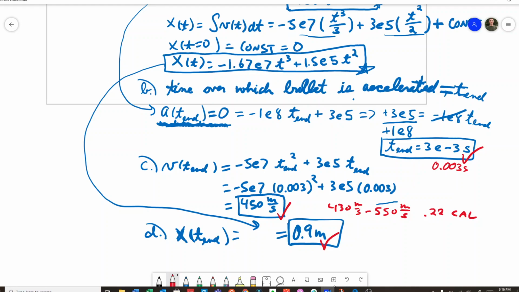You'll have problems like this on your homework. Just follow the same kind of procedure where you're going to either use derivatives, right, to go in this direction, use d dt for that, or you're going to use integrals to go in this direction.